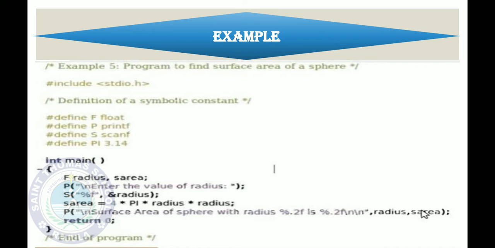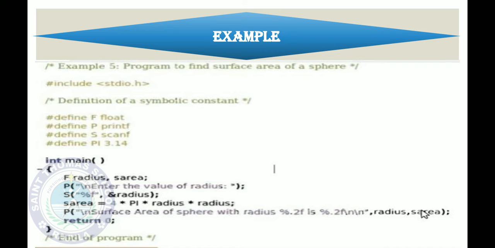But first you just see here that f radius and area is written. Now the area is equal to 4 multiplied by pi multiplied by radius multiplied by radius. Here pi is written as it is. So when the compiler sees this pi, which is defined as a symbolic constant with the value 3.14, automatically in place of pi the compiler will put 3.14 there. That means 4 multiplied by 3.14 multiplied by radius multiplied by radius. Like this it will work.